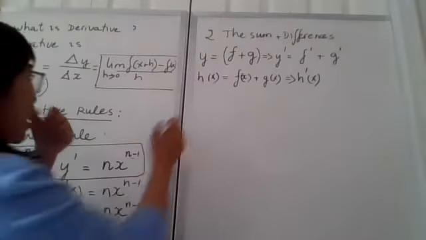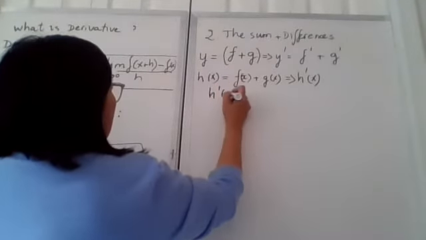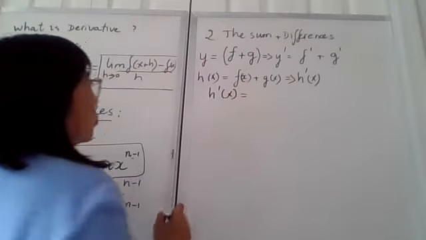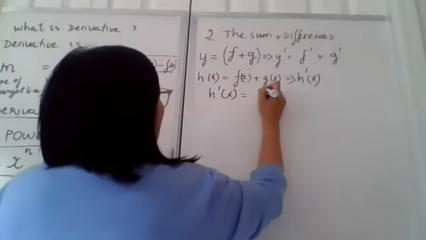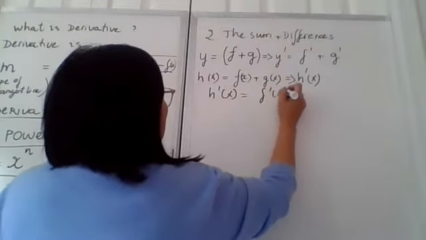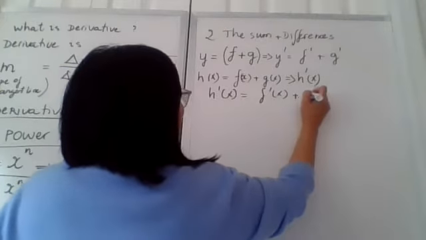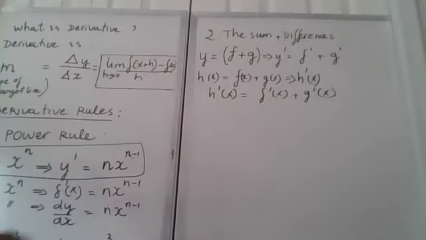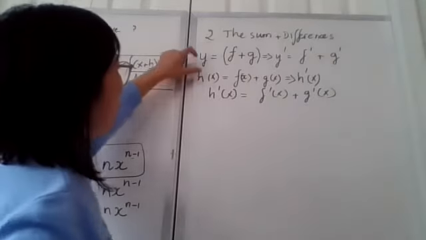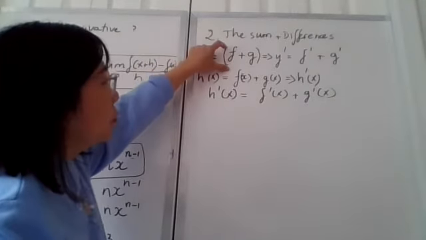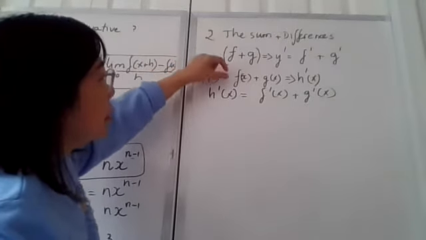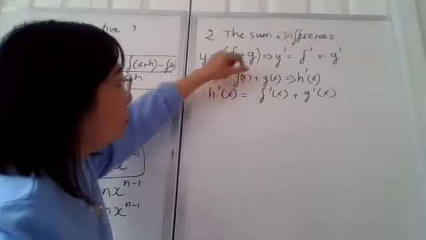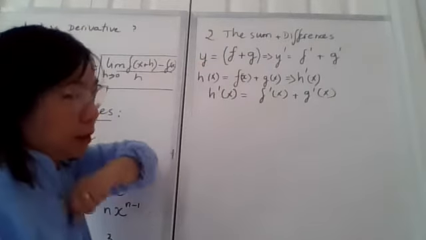So what is h prime of x? h prime of x will be equal to f prime of x adding with g prime of x. So basically, this rule just says that if you want to take the derivative of a sum of two functions, you take the derivative of each individual function and then add them together.